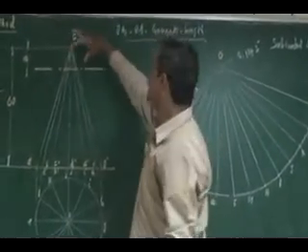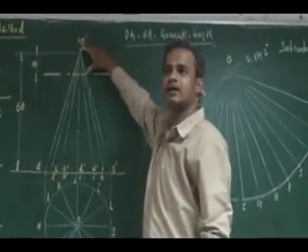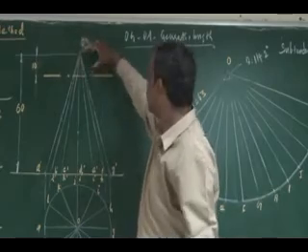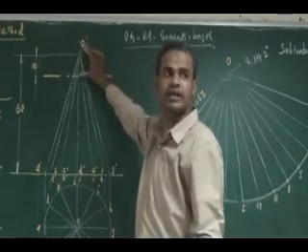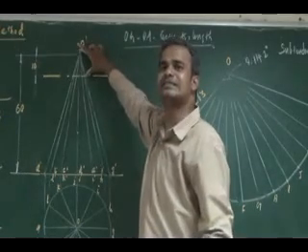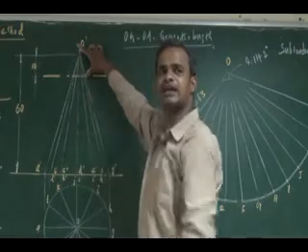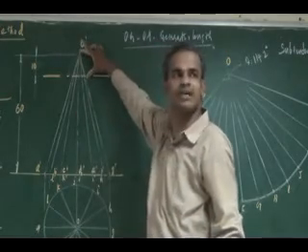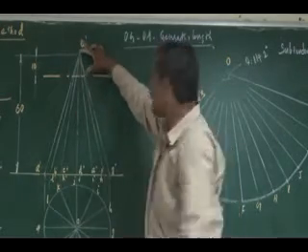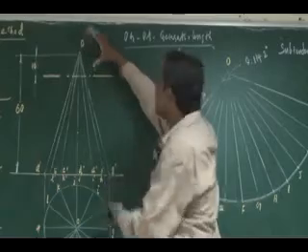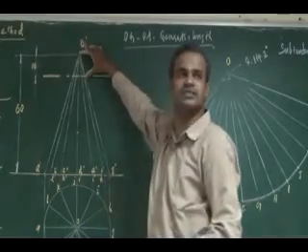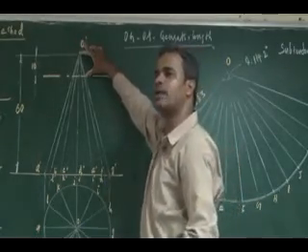The extreme length, not 10. 10 is the vertical height of this smaller cone. So the generator length will be this one. You measure the generator length in your compass, similar to OG, the generator length for this is this much.